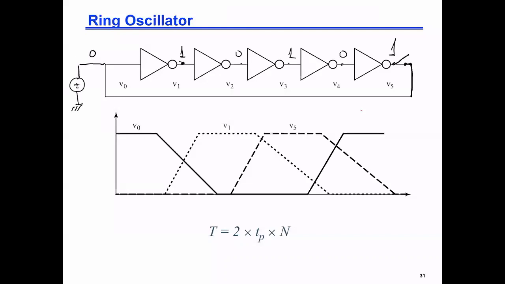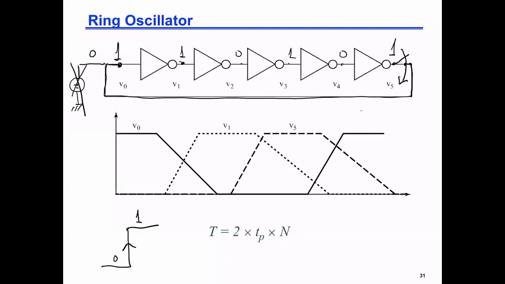Now let us say that at the same time point where I remove this, I close this switch. This is a short circuit, right? What will happen to this node? It becomes 1, so in a quick instant I flipped from 0 to 1 on the node we are talking about, V0.